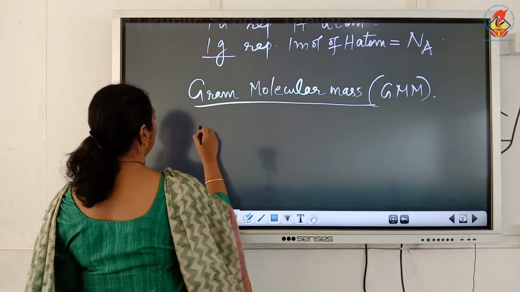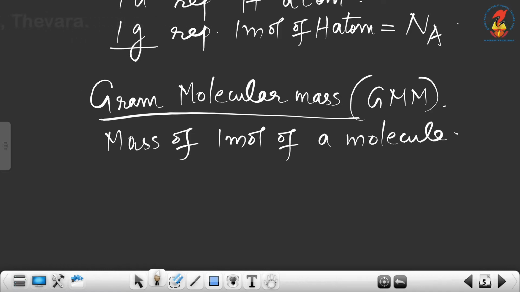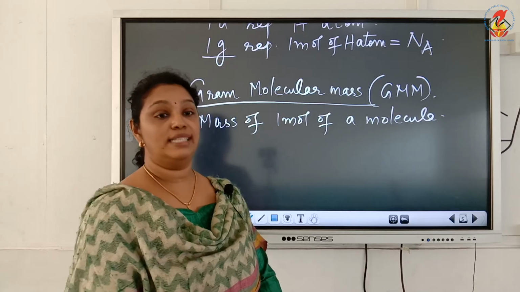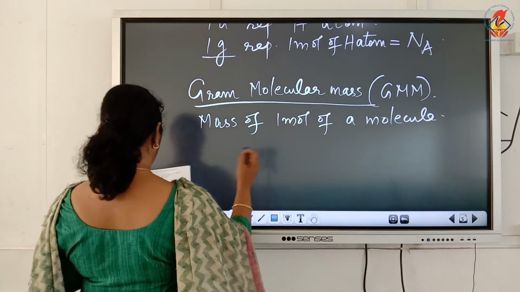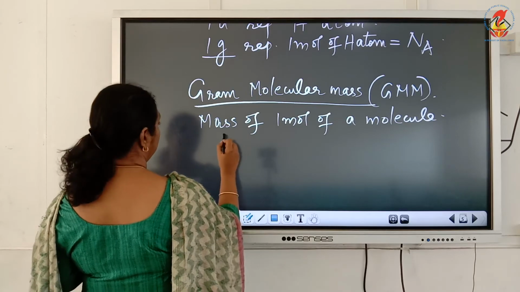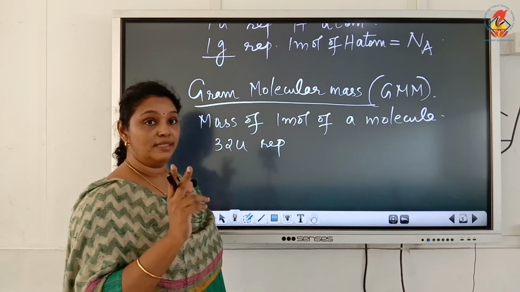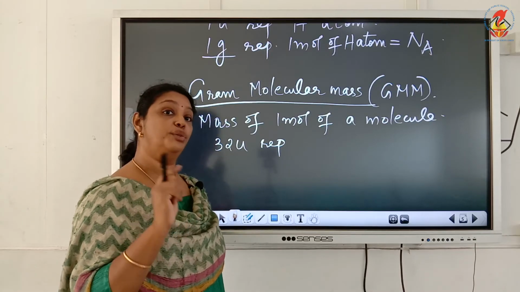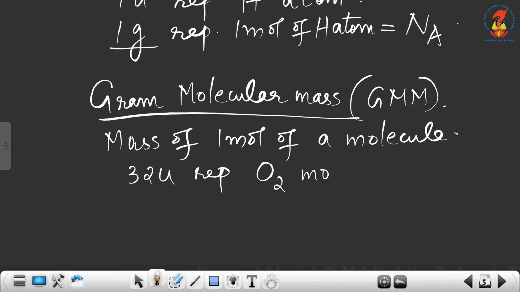So gram molecular mass is the mass of 1 mole of a molecule. Now as an example, 16 U represents oxygen atom. So 32 U will represent oxygen molecule. It represents O2 molecule.